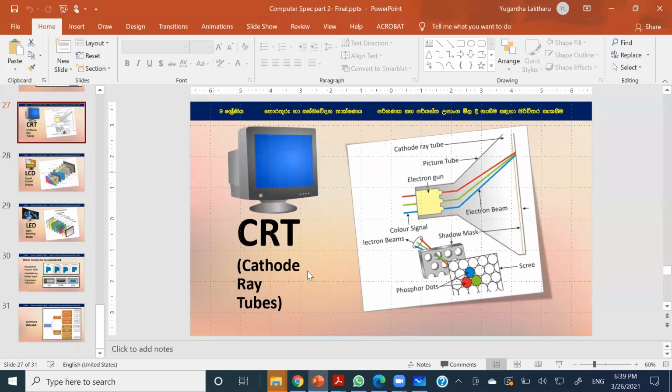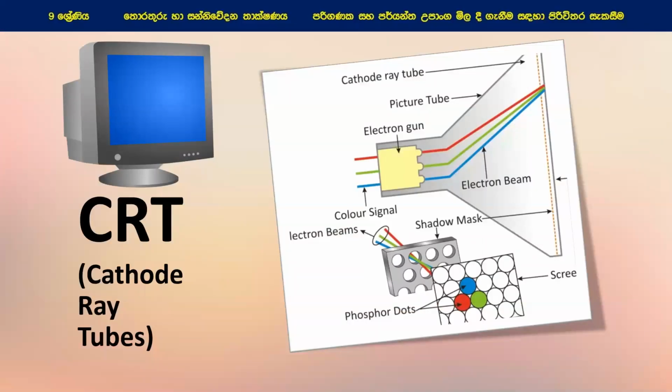So this is what we were talking about, the CRT monitor. The right hand side picture shows you how the CRT monitor is made, its internal structure. CRT stands for cathode ray tube. Why is it given that name?